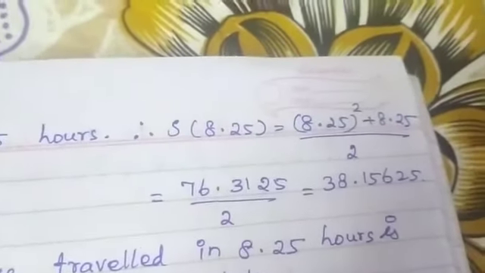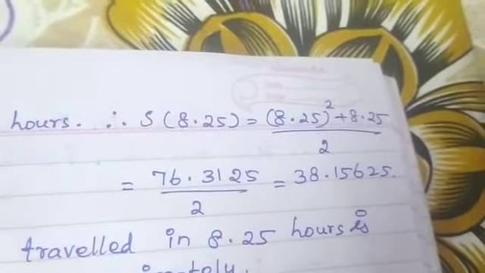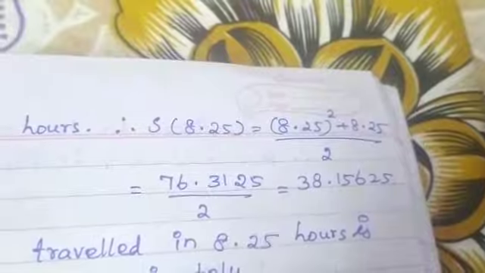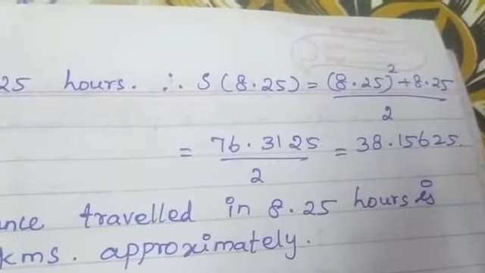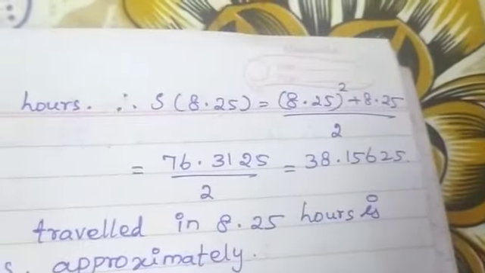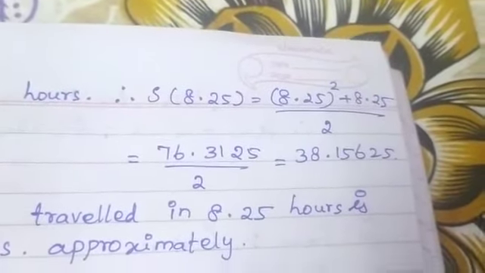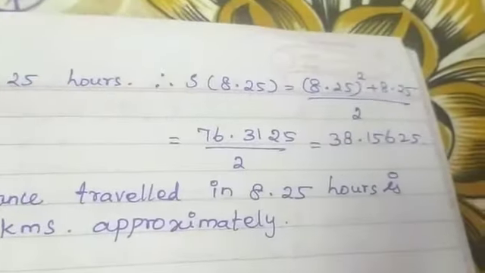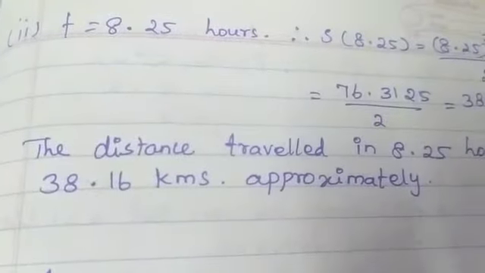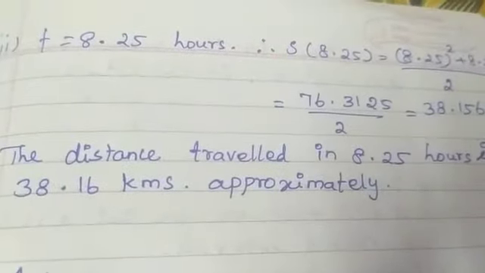That is, S of 8.25 equal to 8.25 whole square plus 8.25 by 2, that is 76.3125 by 2, that is equal to 38.15625. So the distance traveled in 8.25 hours is 38.16 kilometers approximately.